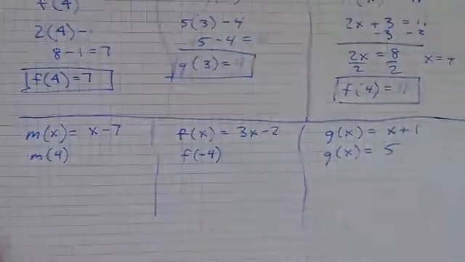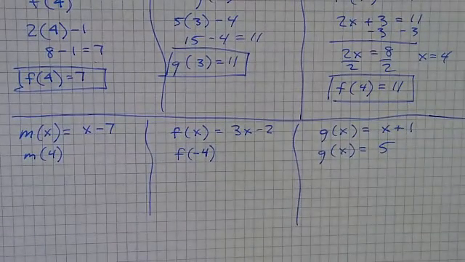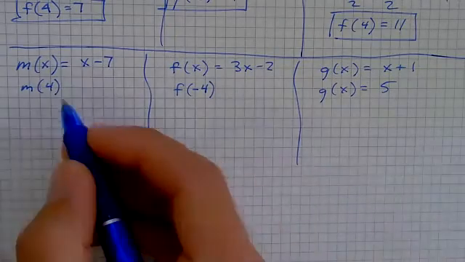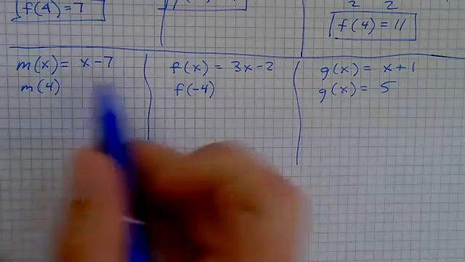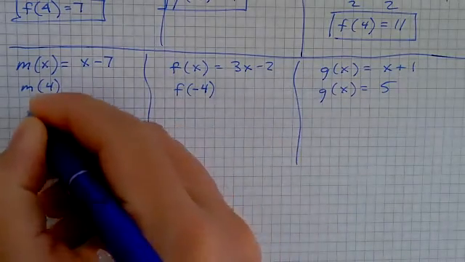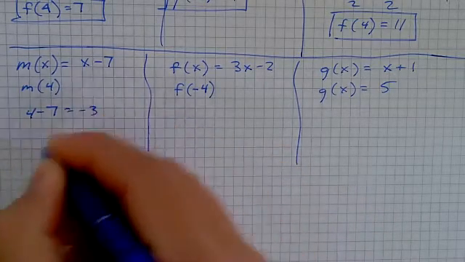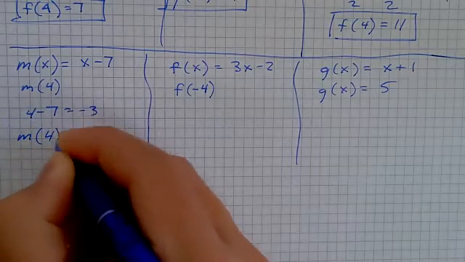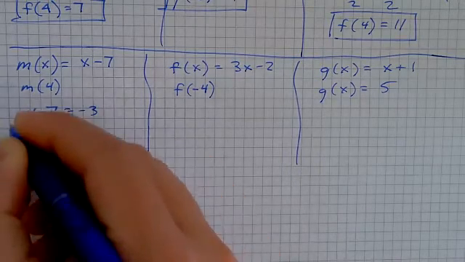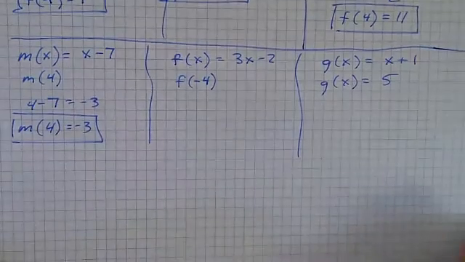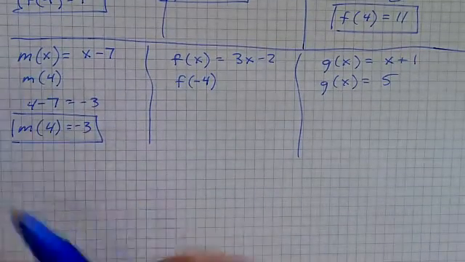All right, try those three on your own here. All right, first one being given the input of 4. So plugging in 4 for x. 4 minus 7 equals negative 3. So m of 4 equals negative 3. Okay, again, letter in front, doesn't matter.